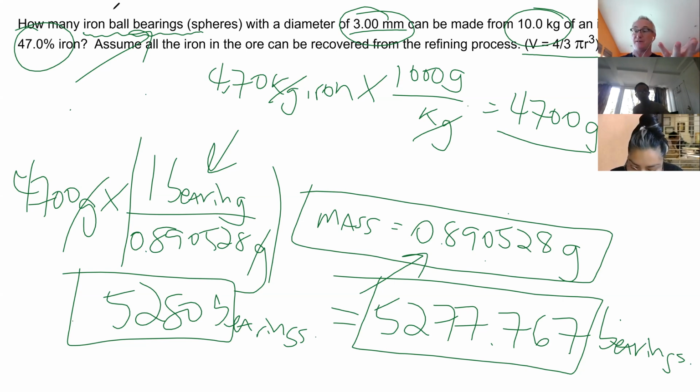When you take it into the factory, you're not doing the same thing as in the lab. You're doing it on an industrial scale. It's unlikely you're going to get all of that iron out. You're going to lose some, but we don't know how much. So for this question, we just assume you'll get all of it. But usually you're never going to get all of it.